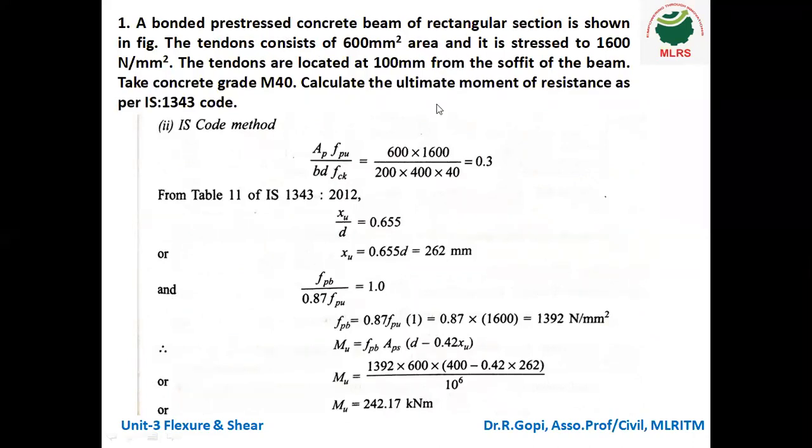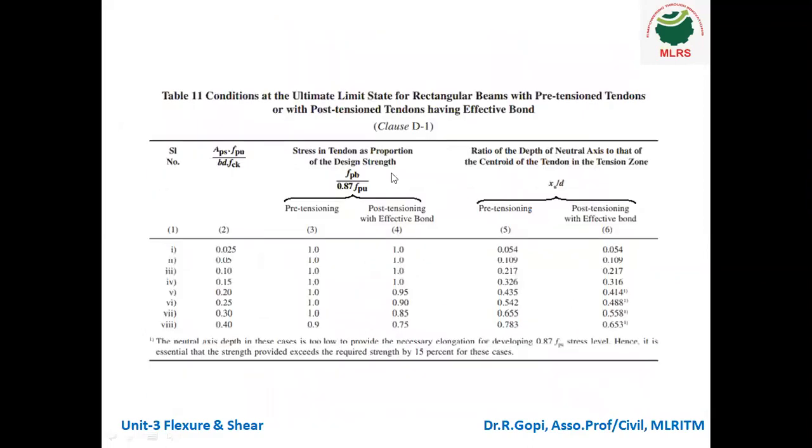Here they didn't give directly pre-tensioning or post-tensioning, but they indirectly gave it: bonded. Bonded means obviously it is pre-tensioning. So therefore, for the ratio 0.3, what is the value we got?